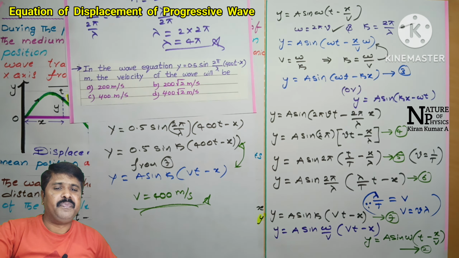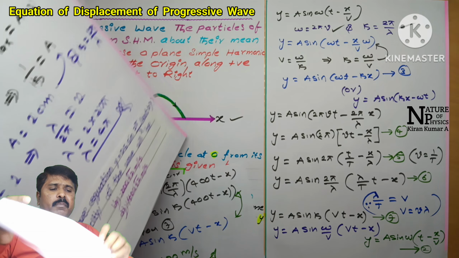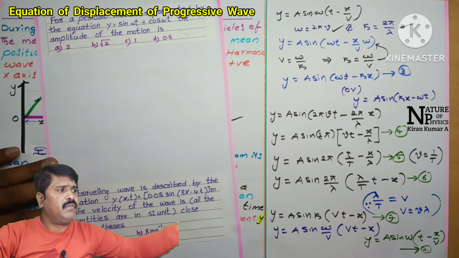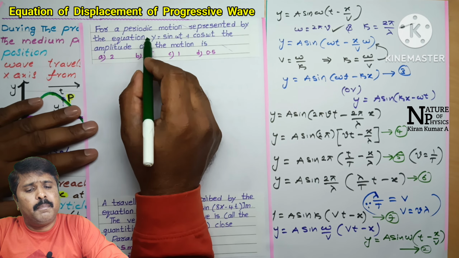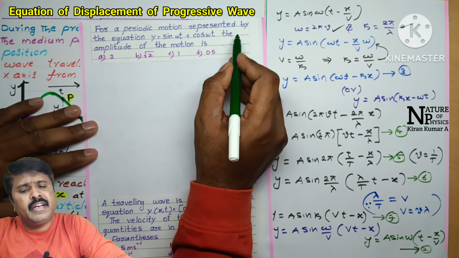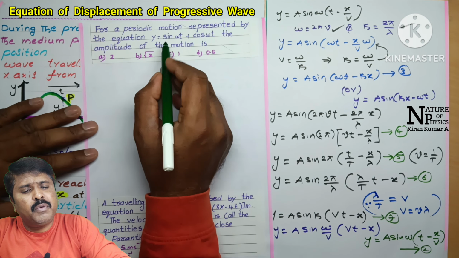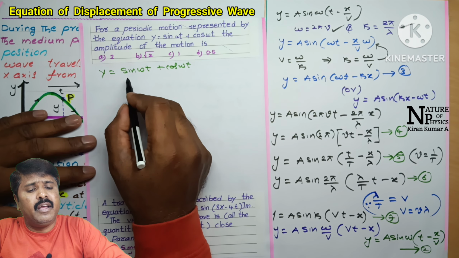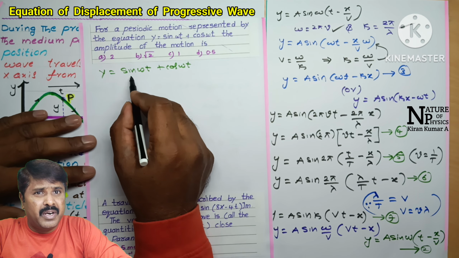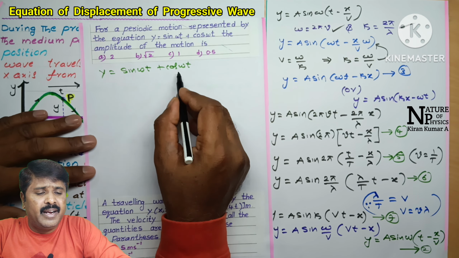Okay student, then next problem, question number 3. For a periodic motion represented by the equation y equal to sine omega t plus cos omega t, what is the amplitude of this motion? Notice one thing, student: this is the vertical component and this is the horizontal component.